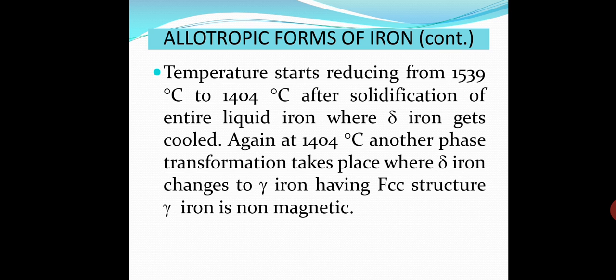That means another phase transformation takes place and the temperature remains constant till the entire iron changes its phase, from delta iron to gamma iron. So at 1539 degrees centigrade, liquid iron converts to delta iron. At 1404 degrees centigrade, delta iron converts to gamma iron. Gamma iron is of FCC structure and it is non-magnetic.